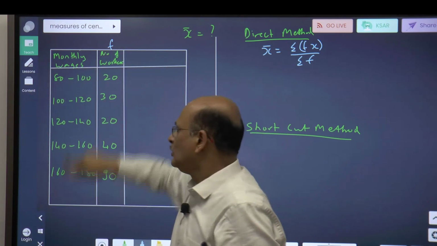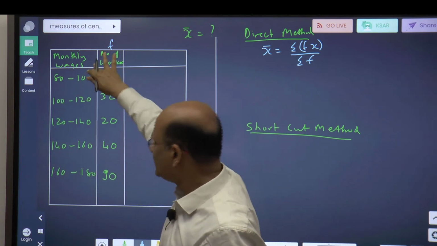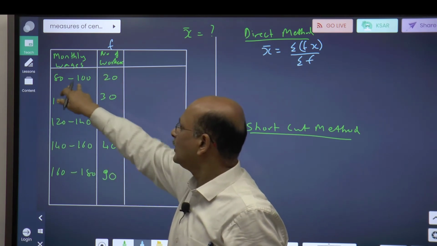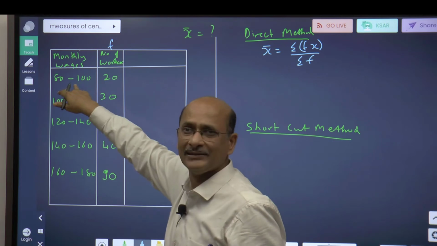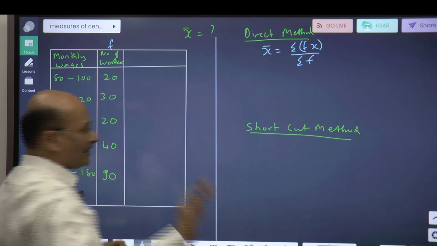Remember, in this part of mean, the width of the class is always the same.